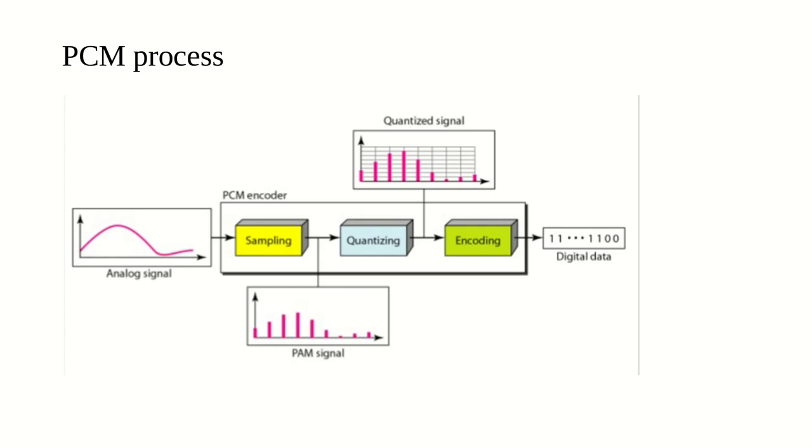Then the PCM process. The most common technique to change an analog signal to digital data is the PCM process. PCM means pulse code modulation. A PCM encoder has 3 main processes: sampling, quantization, and encoding.